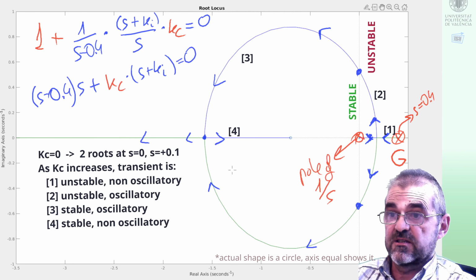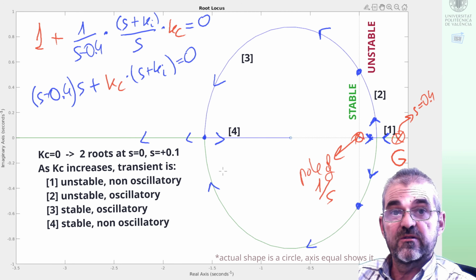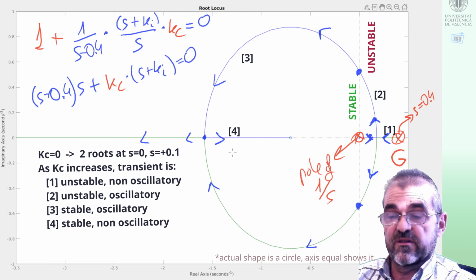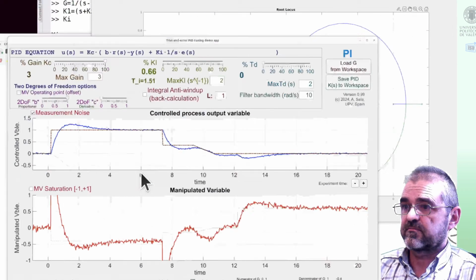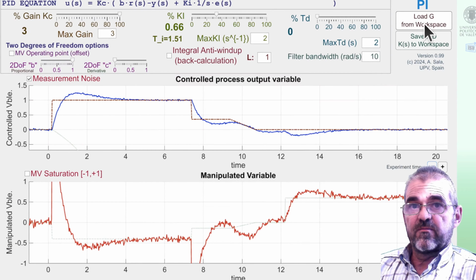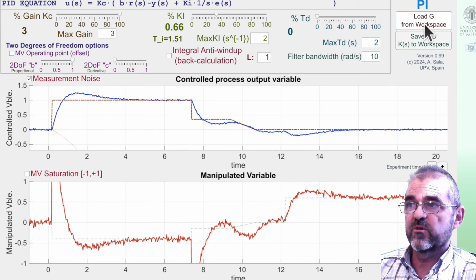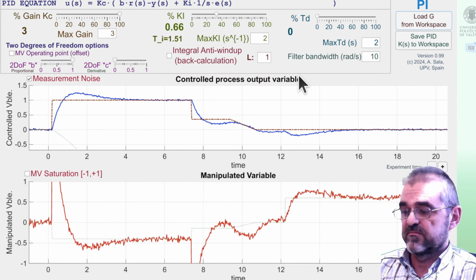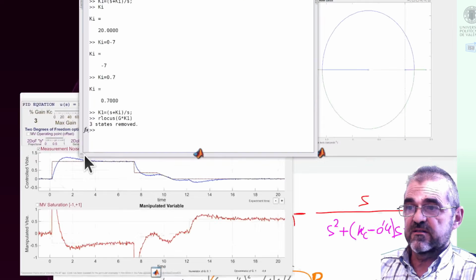So let us check in simulation whether this behavior we predicted is in accordance with simulation or not. So I have a PID simulator app in which I load my model from workspace, and then ki was 0.7.